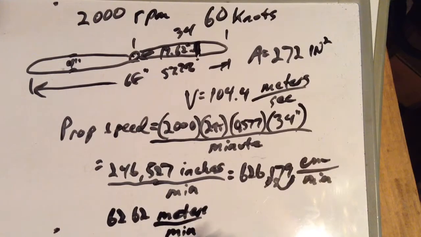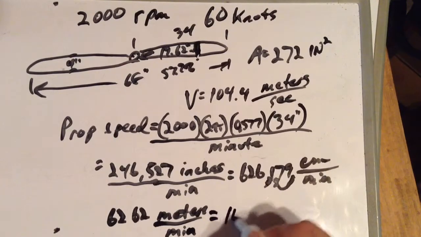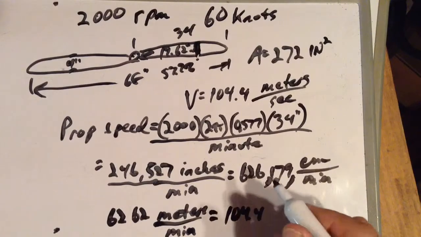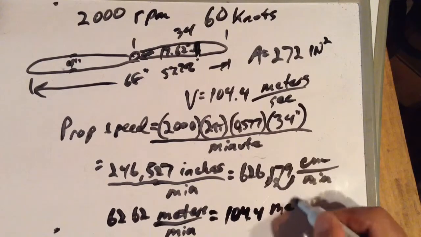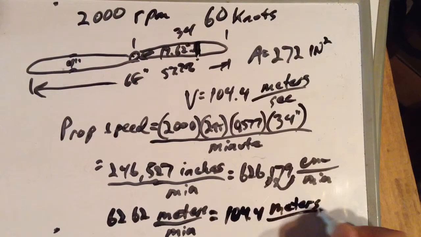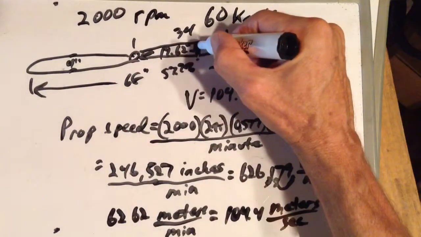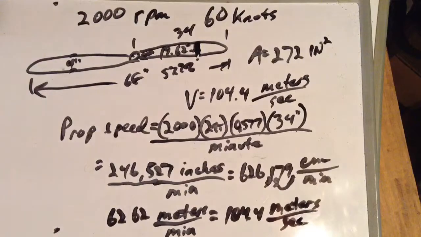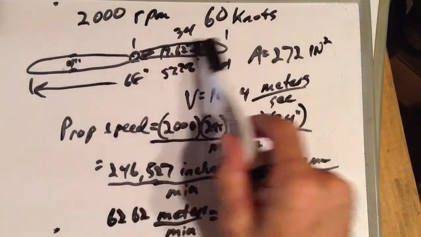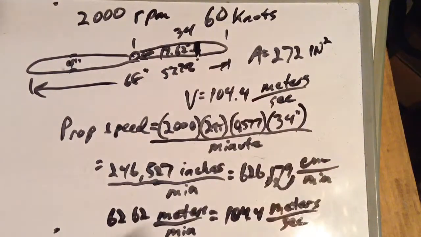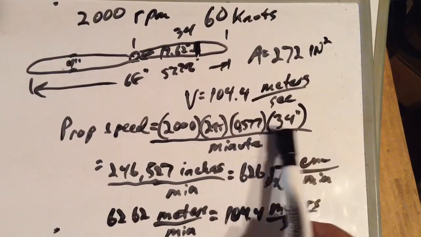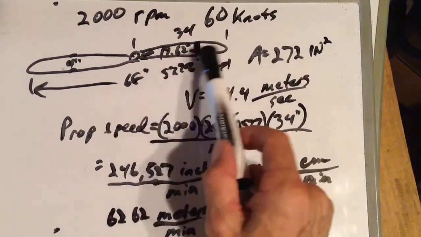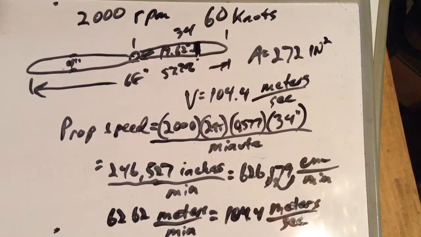Well, now let's divide by 60 and we get 104.4 meters per second. That's the speed of our area of our propeller that we're assuming is all right here at this spot at 57.7% of the radius, or 19.62 inches from the center.